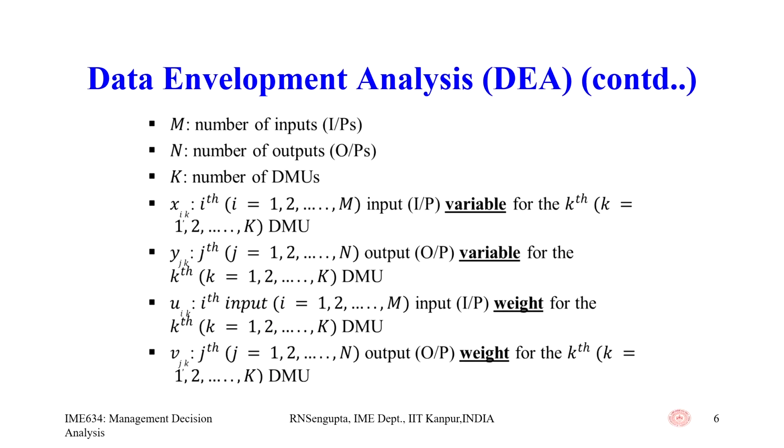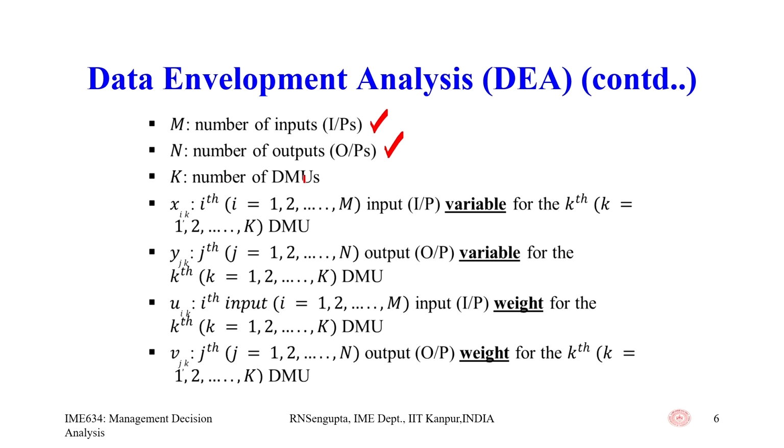Now, what is the nomenclature? I will mention the nomenclature. It has a similar set of ideas which I have already mentioned. Here M is the number of inputs. If you remember, there M was the number of alternatives; N is the number of outputs, there N was the number of criteria.